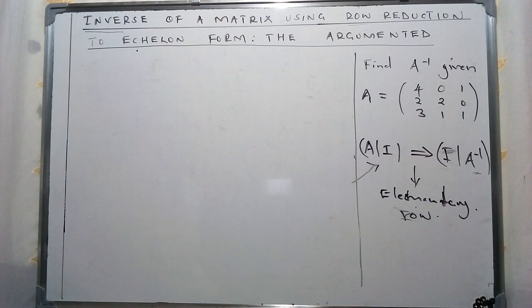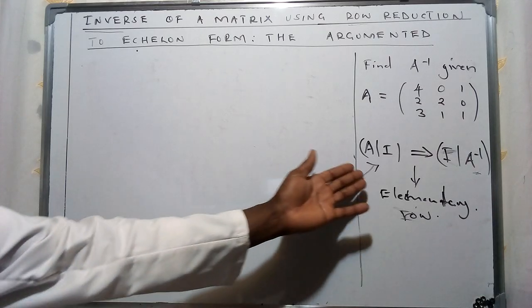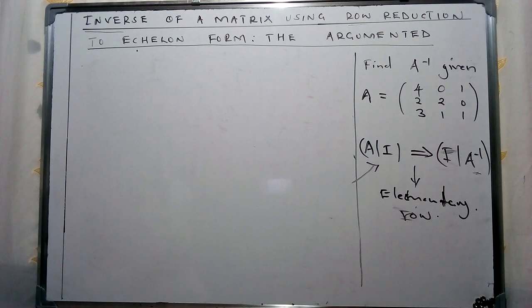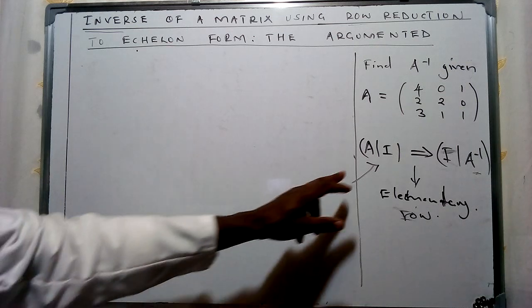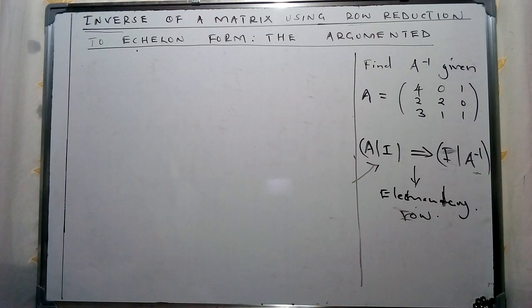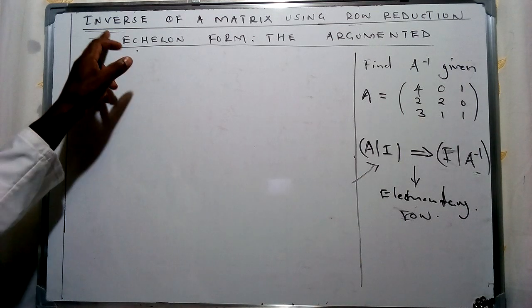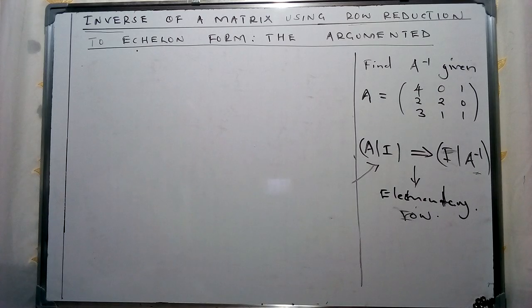Now that we have looked at a series of elementary row operations in our previous video, I'm going to elaborate on the various steps we have involved in reducing this matrix to an echelon form, which is going to assist us in achieving the result for an inverse from these procedures.